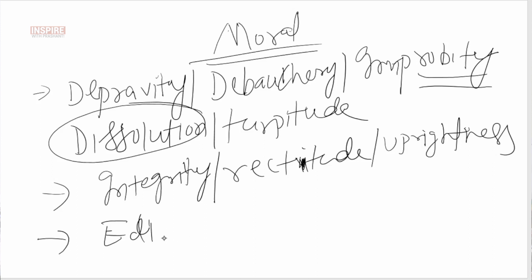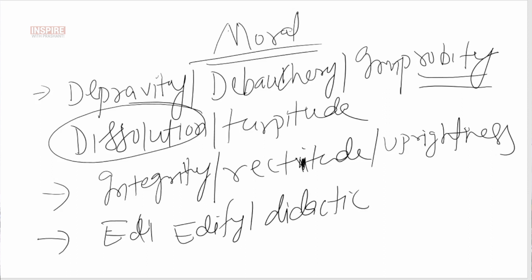So it is very simple. I want to rewrite this: edify and didactic. Very clear. When the word edify comes into the picture, it means to instruct morally, it's a verb, and when you say that your every statement is didactic, then you know that you have been given moral instructions.